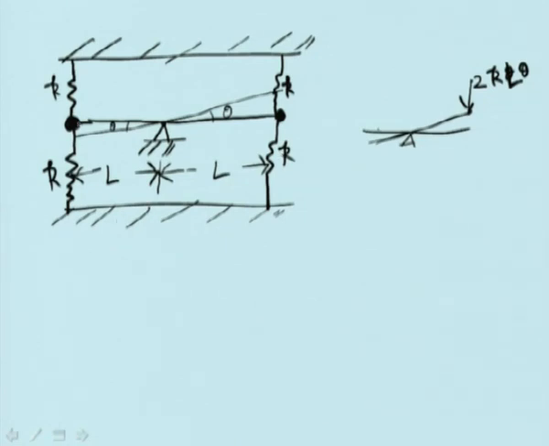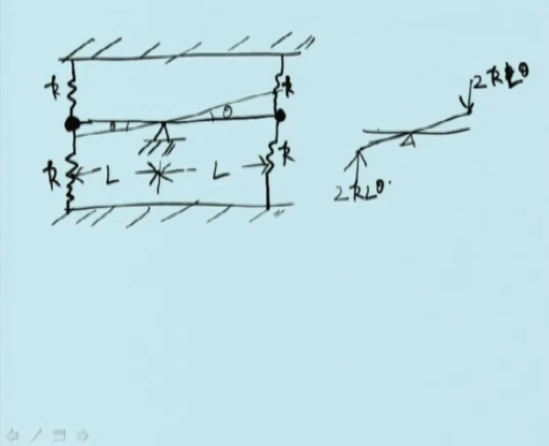Similarly, on this side also, this spring gets compressed and this gets stretched. Compressed spring puts force like this, stretched spring tries to pull it upward, and therefore again this force is 2KL theta.